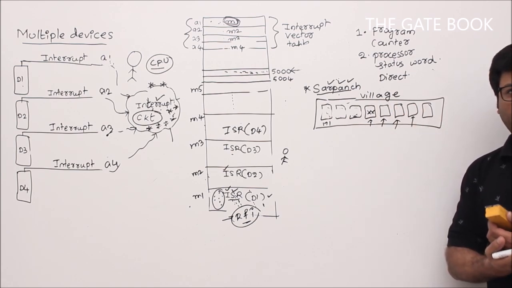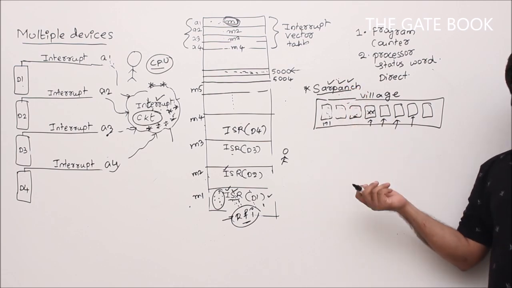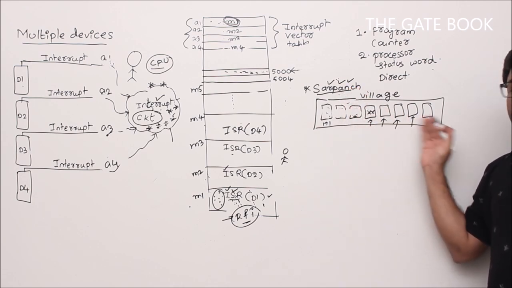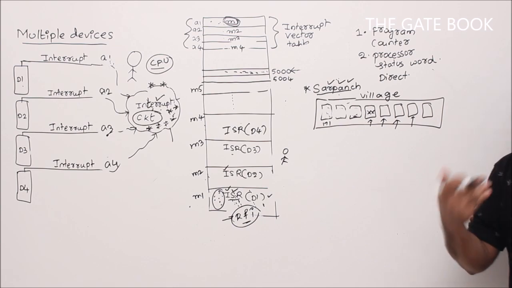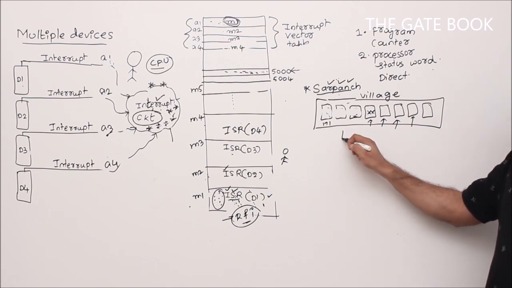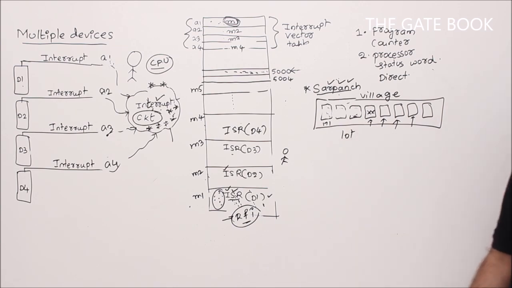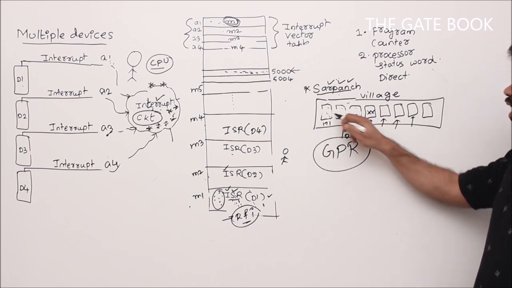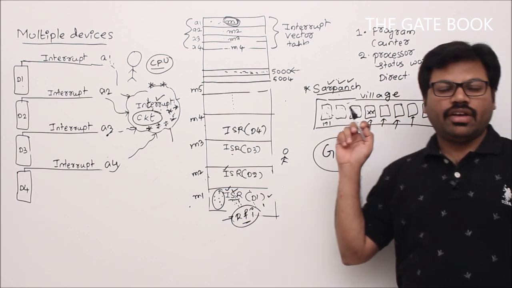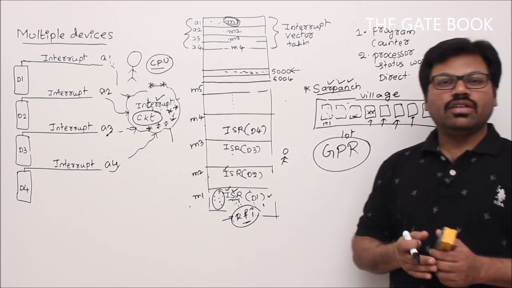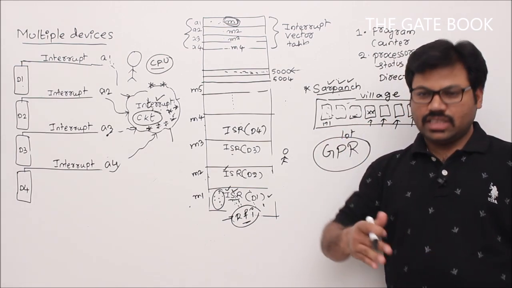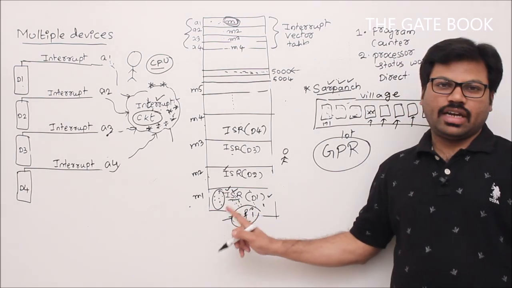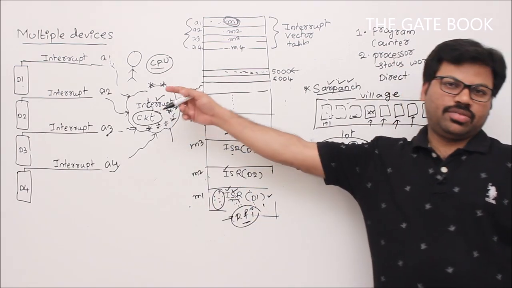But which one is preferable? The Sarpanch doesn't know which are going to be spoiled, so he will be saving all of them unnecessarily, right? So it takes a lot of time. That's why the better implementation is what? The general purpose registers, like the houses, should be saved and restored by the interrupt service routine rather than the interrupt circuit.